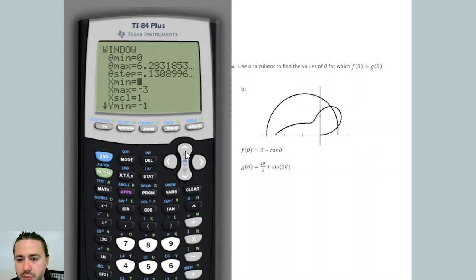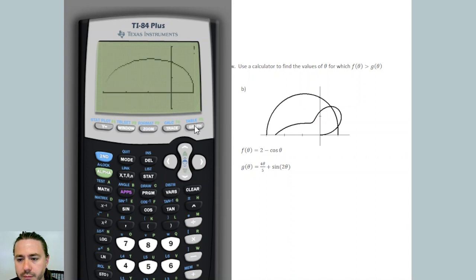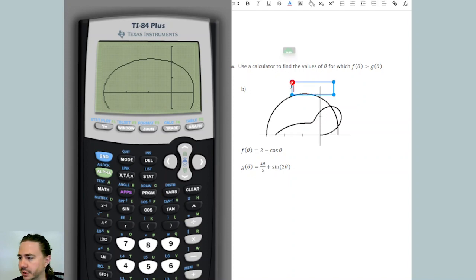Okay, so that top half of the graph, it looks like it's a circle or maybe an oval. Pretty sure it's a circle actually. It is going to be that first one. So I'm going to just label that so I can keep track of it. This is F, and this peanut looking one is G.